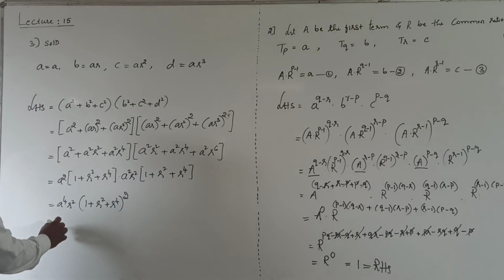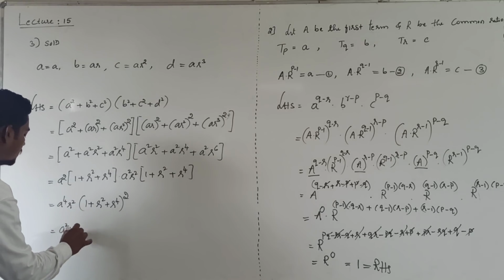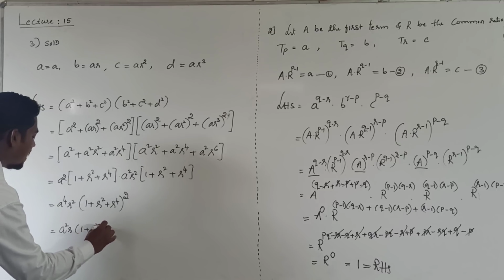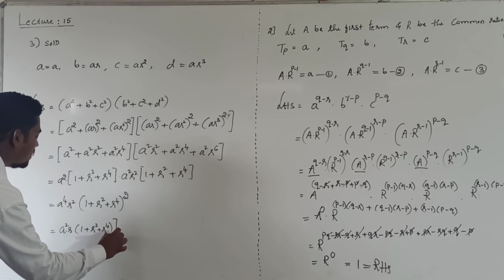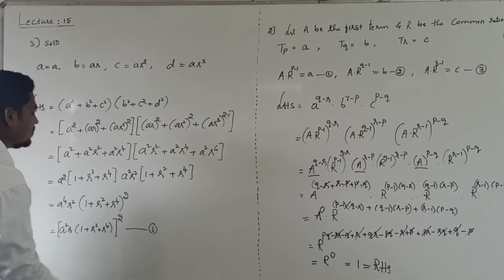I will write this as a power 4 into r square in bracket (1 plus r square plus r power 4) whole square. Take this as equation number 1.